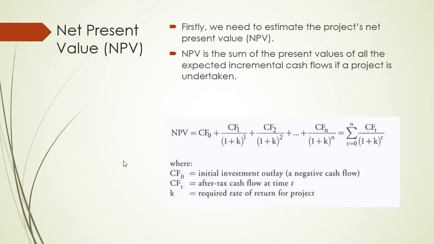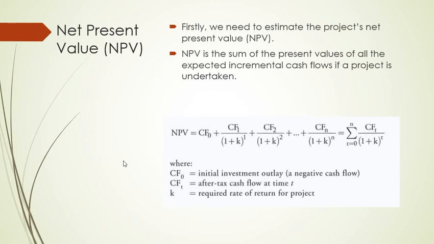It is about the cash flow. CF0 is the initial investment outlay. So it is our initial investment. If we are going to invest $1,000 in our project, we have to indicate at the CF0 1000, and the next, CFt, is the after-tax cash flow at time t.